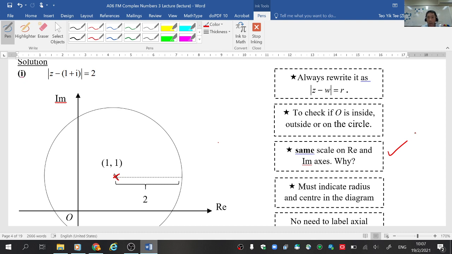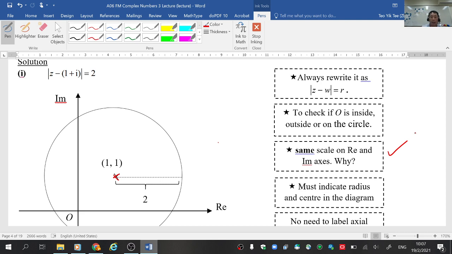Second thing, please always use a protractor as well as a compass when you're dealing with drawing of complex numbers on an Argand diagram. In this case, you are supposed to draw a circle. Please use a compass. Please do not use a tiny 50-cent coin. You cannot see the key features subsequently.